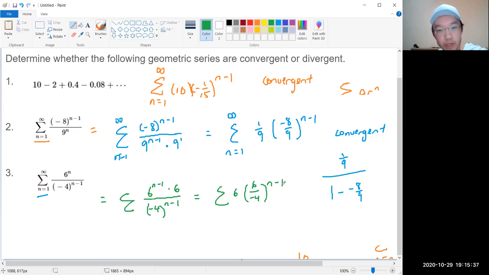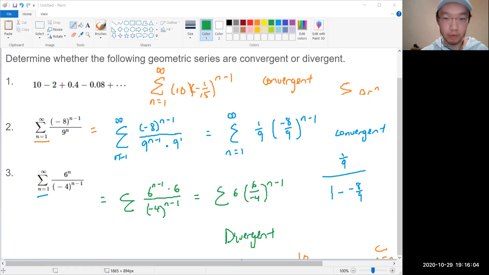All right, so this one, convergent or divergent? Yeah, so this one is divergent. All right, so hopefully this clears up the process of doing these problems a little bit more.